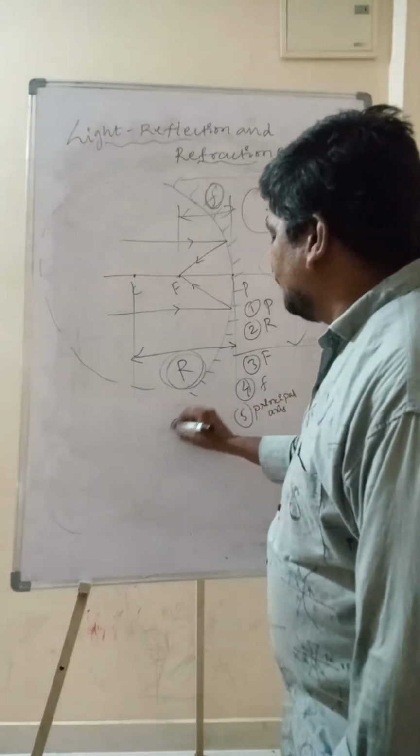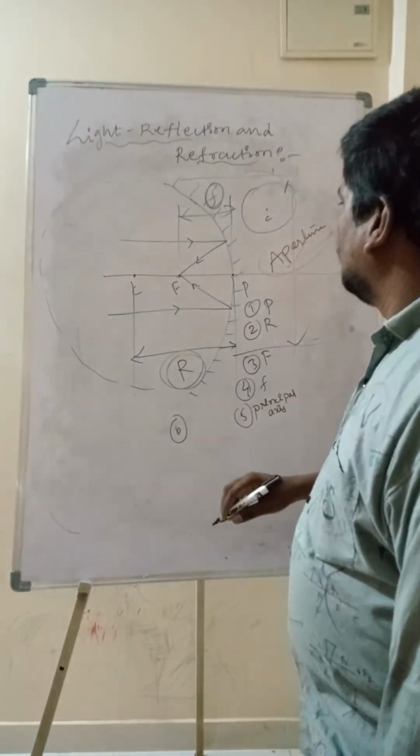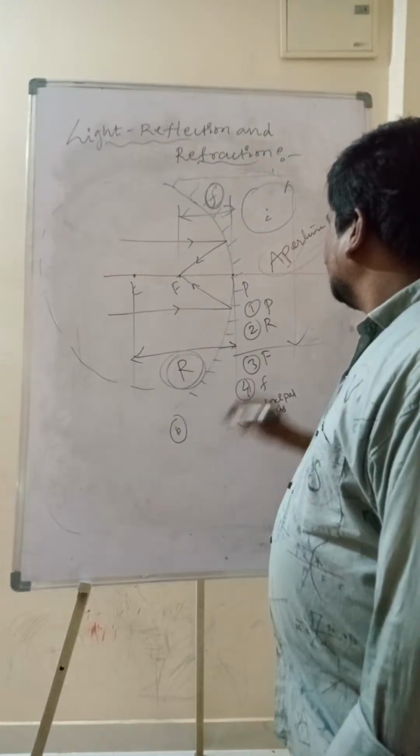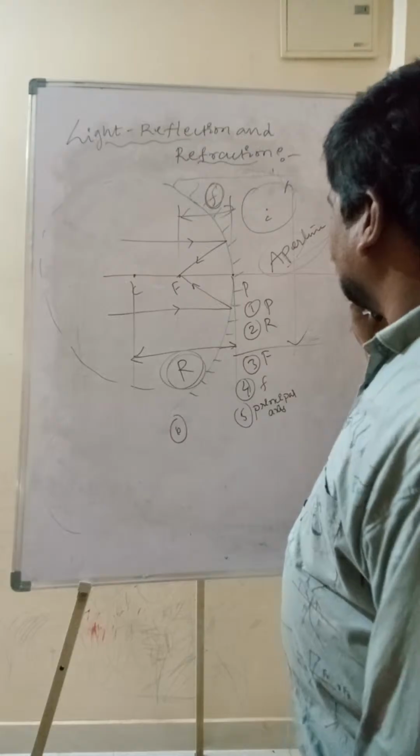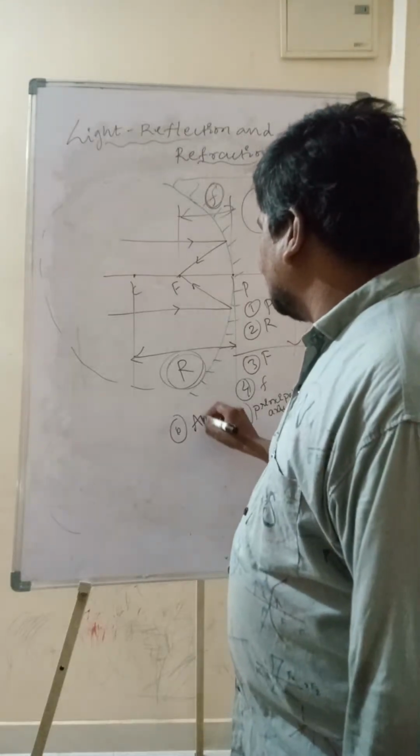Principal focus is completed, radius of curvature is completed, aperture, the width of the mirror, is called aperture.